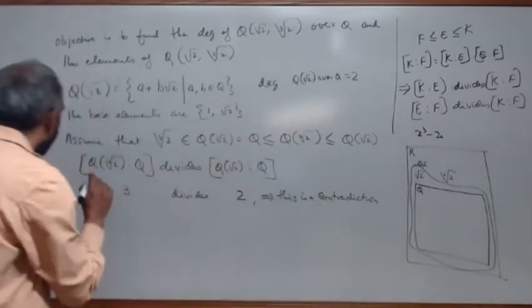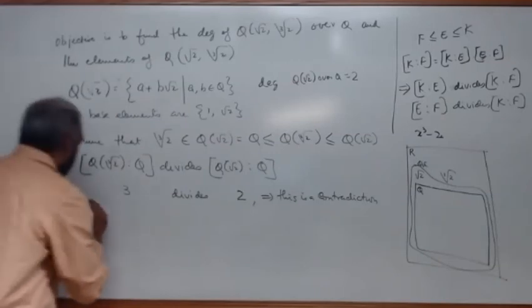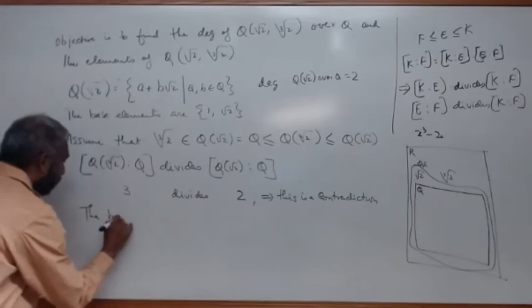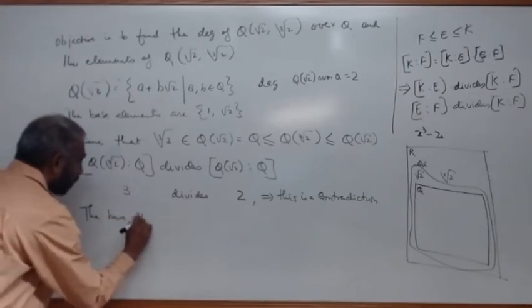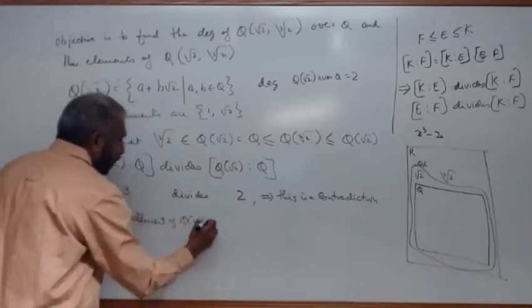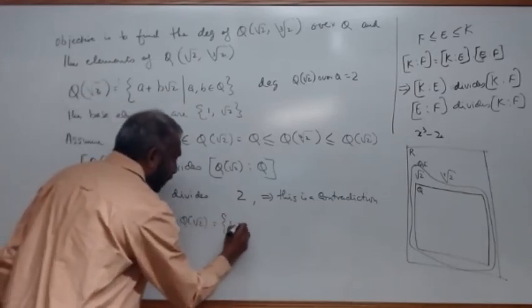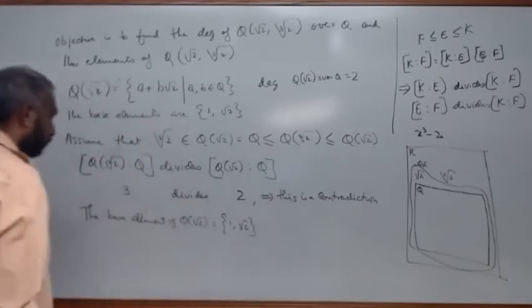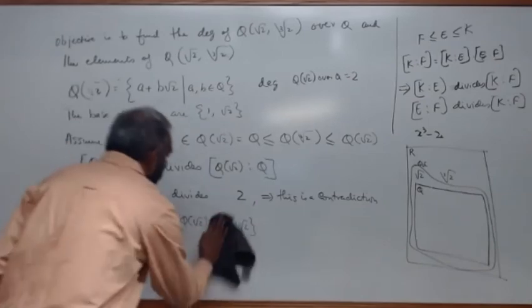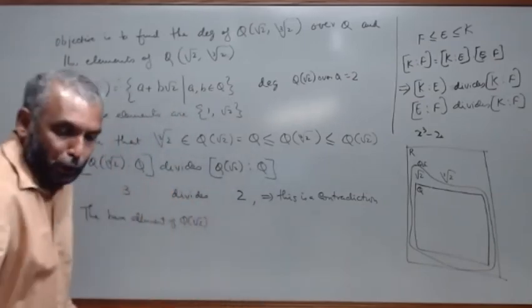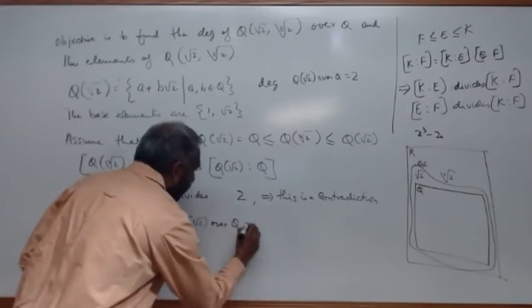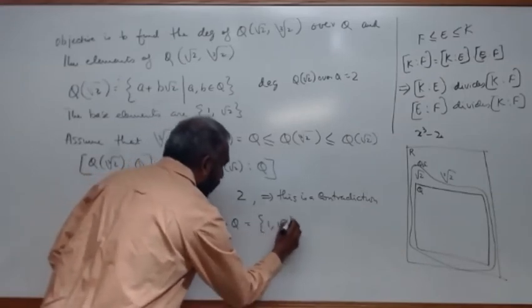So the base elements of Q(√2) over Q are 1, √2.